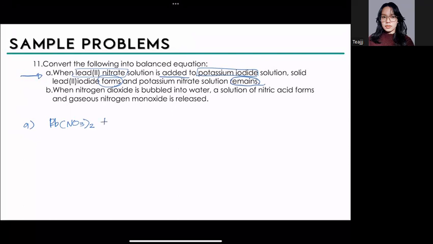Potassium iodide is KI. It gives you, diba? It forms lead iodide, PbI2, plus potassium nitrate. So that's KNO3.